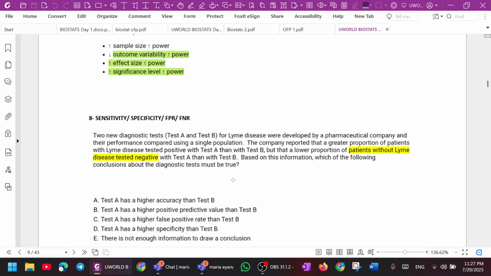The company reported that a greater proportion of the patients with Lyme disease tested positive with test A than with test B, but that a lower proportion of the patients without Lyme disease tested negative with test A than with test B. Based on this information, which of the following conclusions about the diagnostic tests must be true?